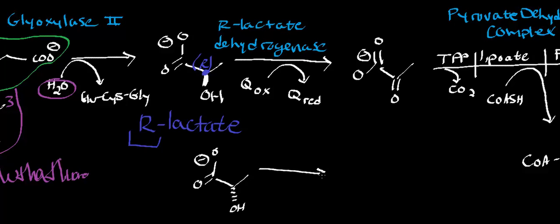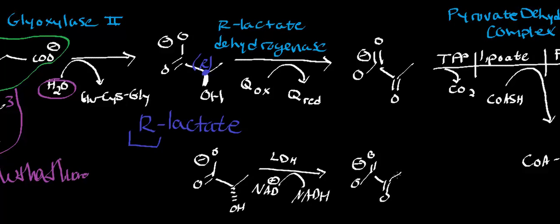Whenever we do what we abbreviate as LDH, lactate dehydrogenase, this is going to use NAD plus, you're going to get out NADH, and then you're going to get pyruvate, which is an alpha-keto acid. So there's pyruvate. And this is the S-lactate dehydrogenase. That's an important distinction. But this is a different one because we have the opposite stereochemistry.